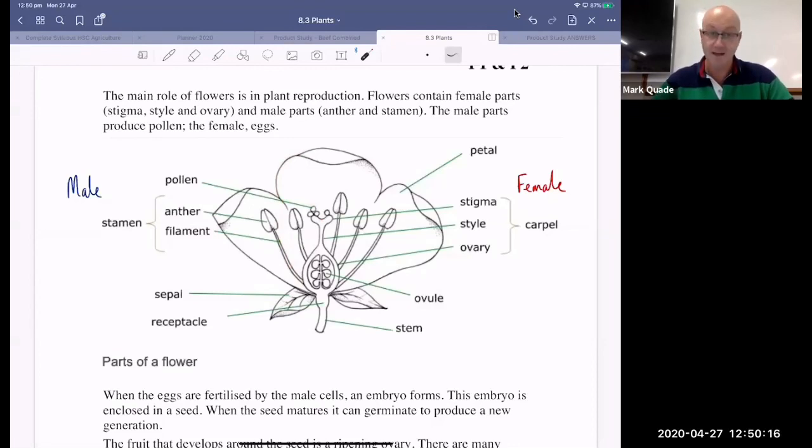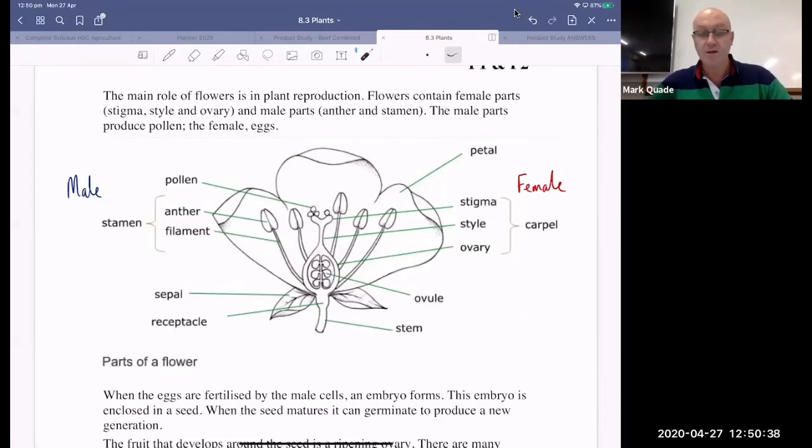In corn, all of the male parts are on the very top of the plant. Because it's a monoecious plant, the corn cob itself is the female flower. So it has a male flower and a female flower.